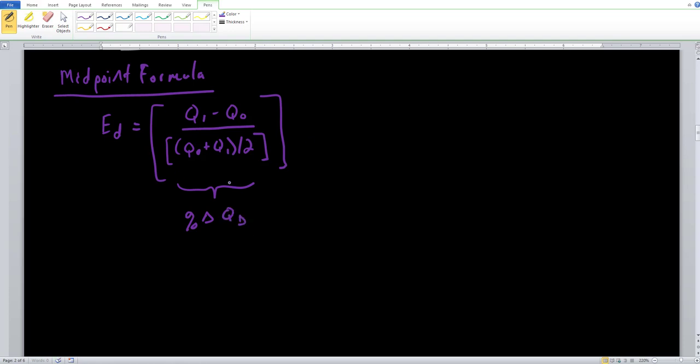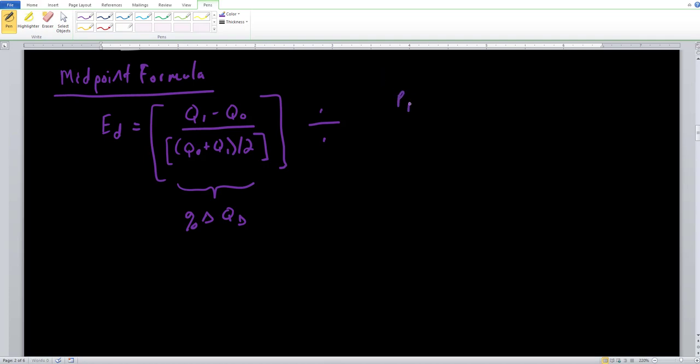So essentially this big portion in the brackets is our numerator. We have an initial quantity value, we have an ending quantity value. So Q0, Q1, where we're starting off, where we're going. Once we have this, we need to build up the denominator. So here, we take this entire big value right here, divide it by the denominator, and that's where the percentage change in price is going to come into play.